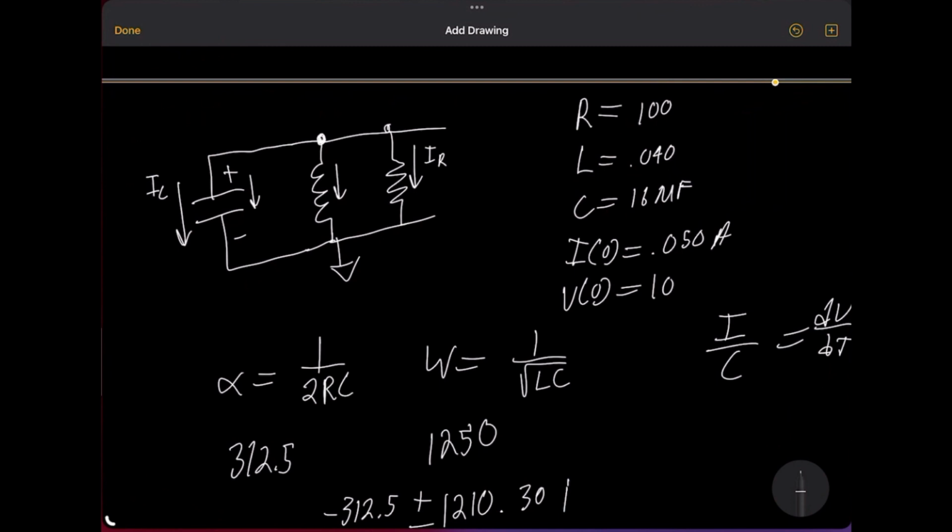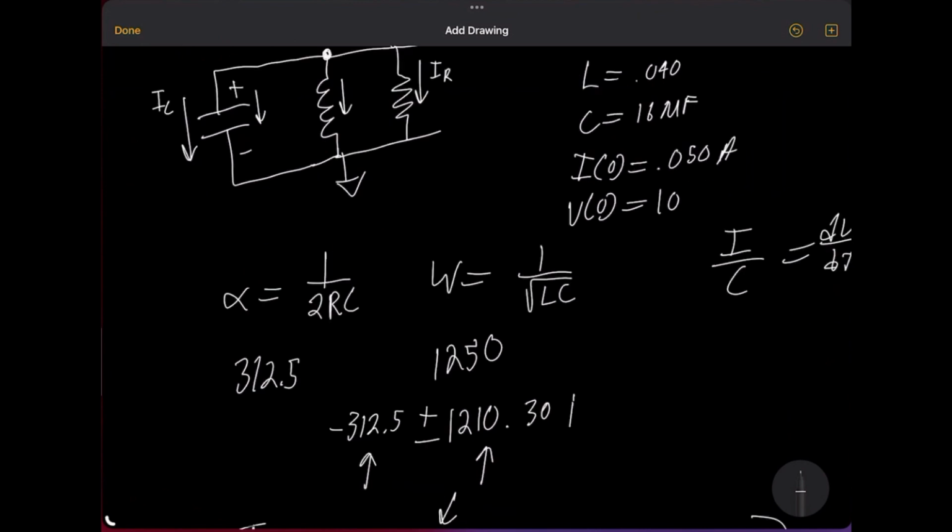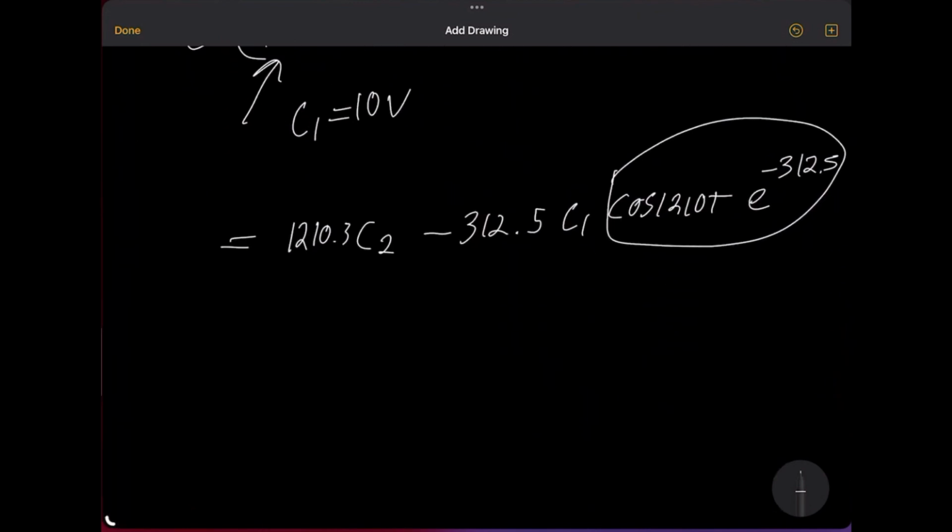So it's going to be negative 0.15 divided by capacitance, 16 times 10 raised to negative 6. It's negative 9,375.